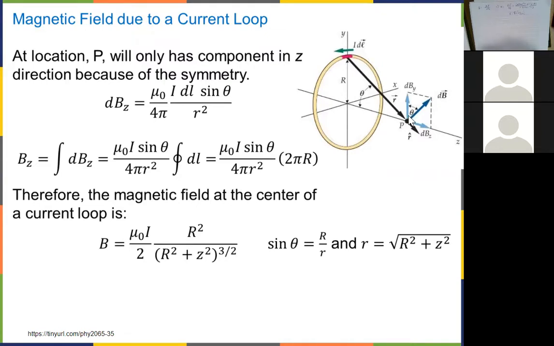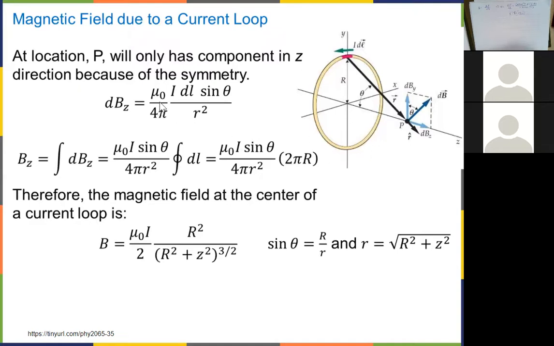So you can see the y component of the B field will cancel out, and the resultant B field is only in the z direction, because this one points this way, and if you pick another portion here, it will point the other way. The vertical components cancel out, and you only have the horizontal component.